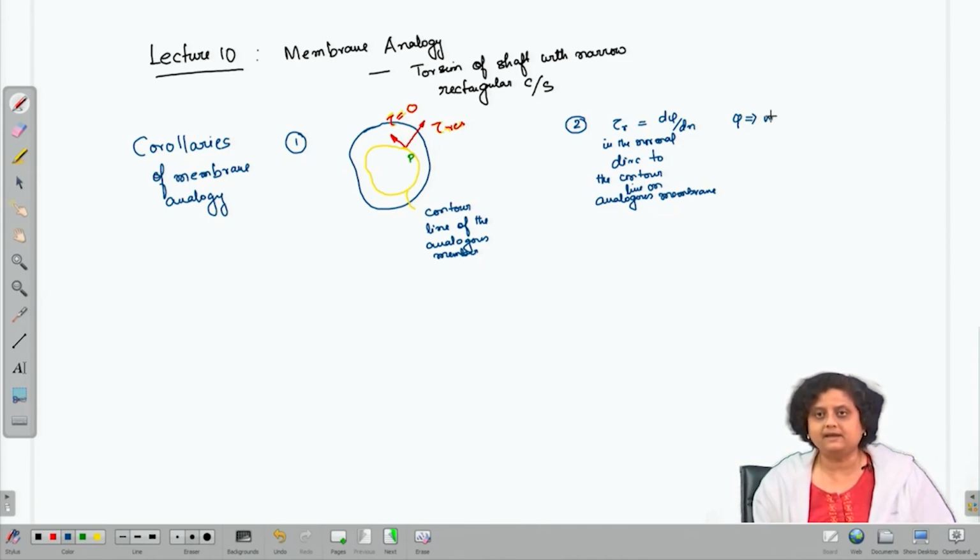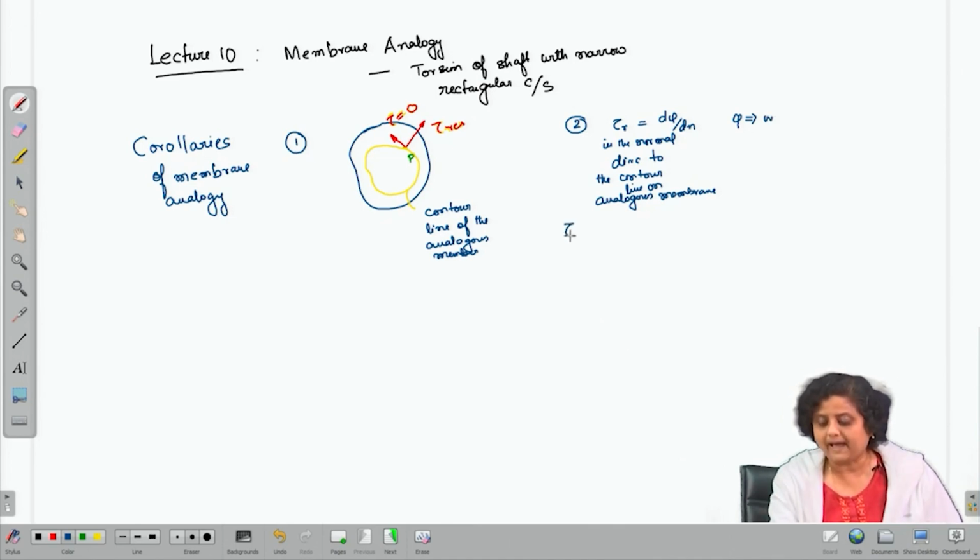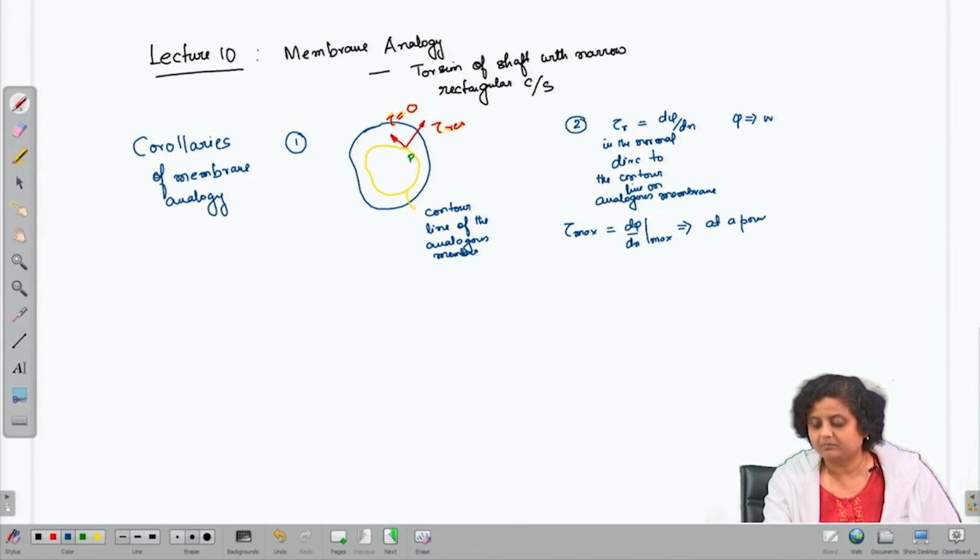Therefore, d phi by dn is analogous to the slope of the deformed membrane at that point P. Therefore, tau max is obtained when d phi by dn is max, and that happens at a point where the slope of the deformation is maximum in the analogous membrane.